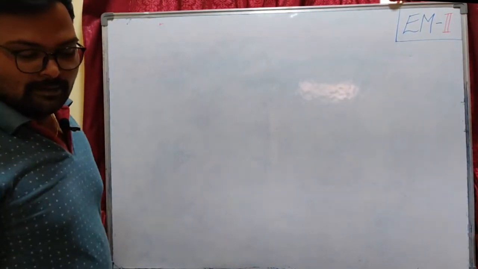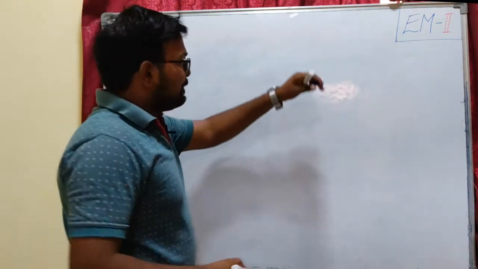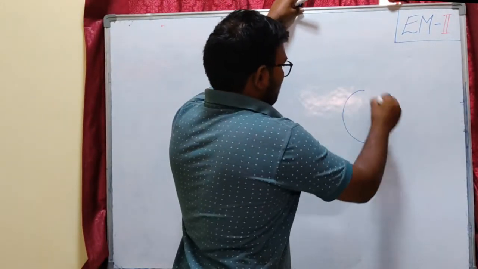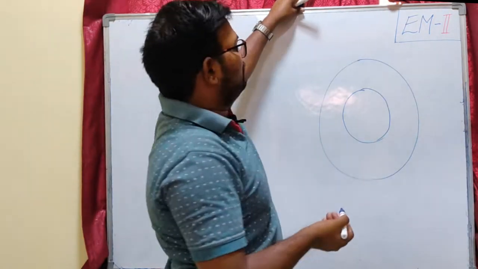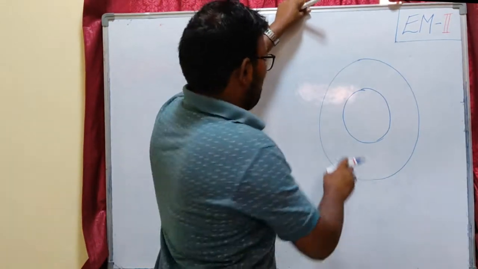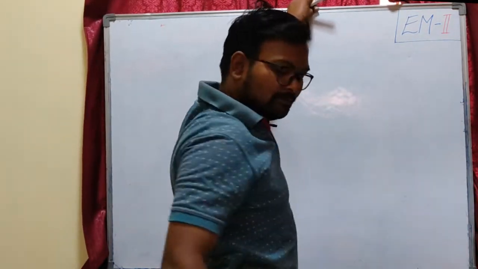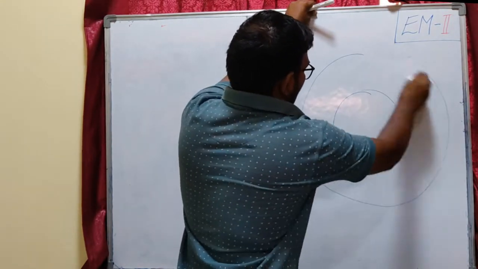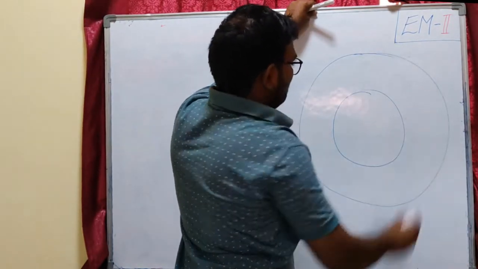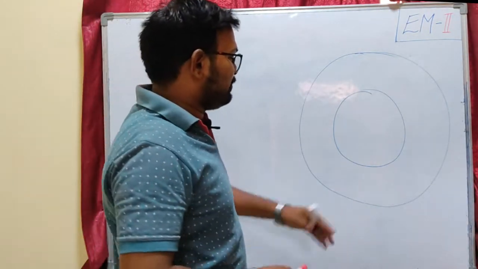Okay. So, first of all, let me draw a machine here. This is not circular, I can say. Let us consider it as a circle. Here this part is the rotor, this part is the stator.